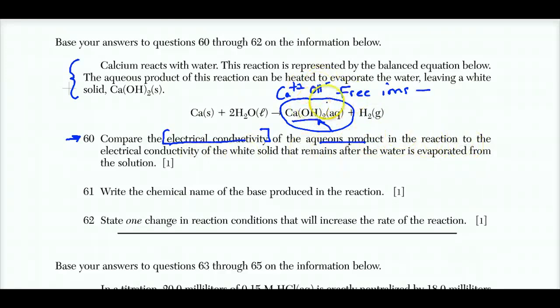I'm comparing how well this conducts to the electrical conductivity of the white solid that remains after the water's evaporated from the solution. So if you were to take out the water, you would actually recapture the salt. So you have in a beaker with water calcium plus 2 and OH minus. You boil off the water, you're going to be left with a beaker of a solid.